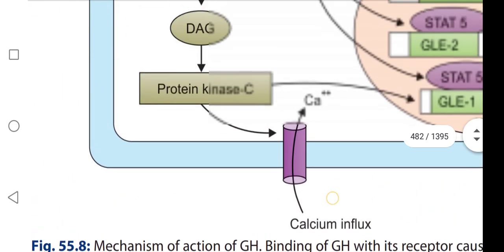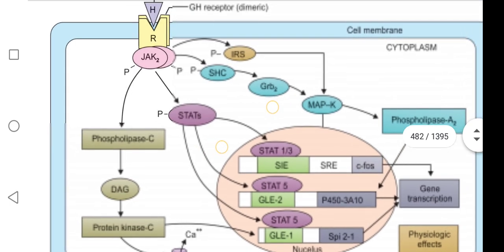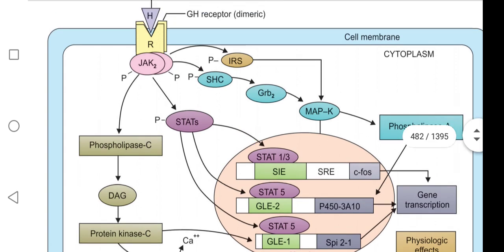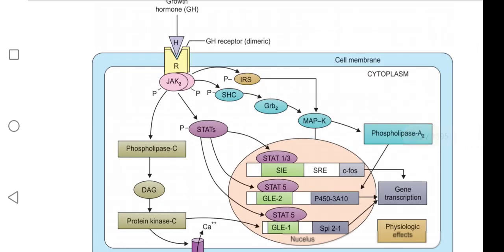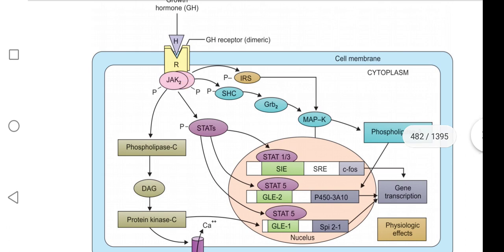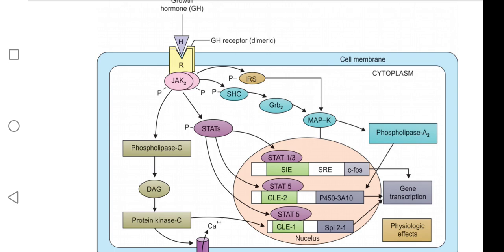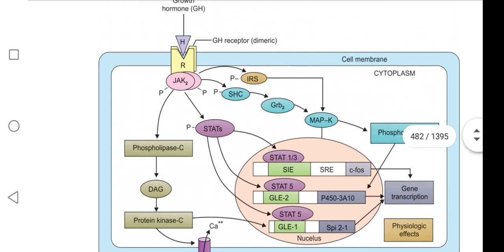Coming to the pathway. Activation of JAK kinase phosphorylates the IRS, which in turn induces the various intracellular enzymes.